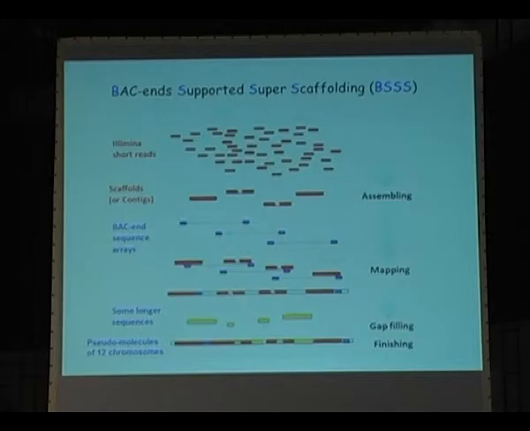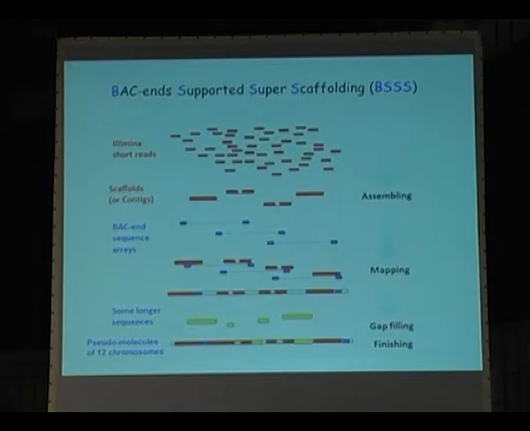Using Illumina short reads, this shows a very simple method of how to assemble and complete the genome sequencing of the CC genome.